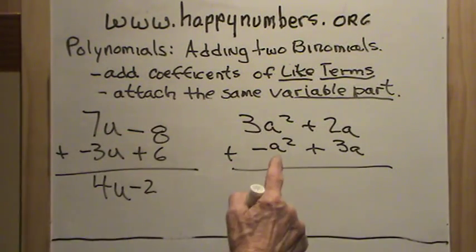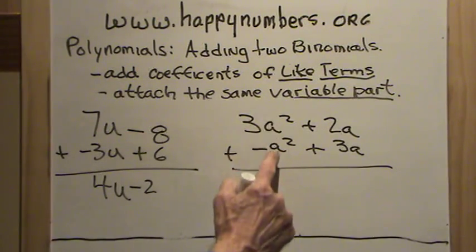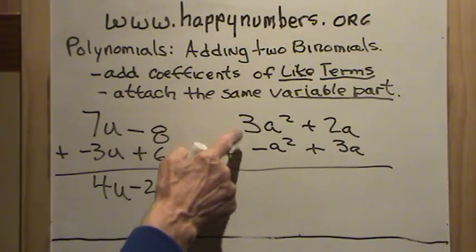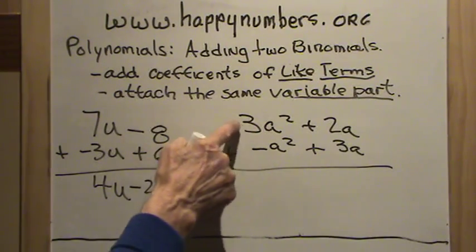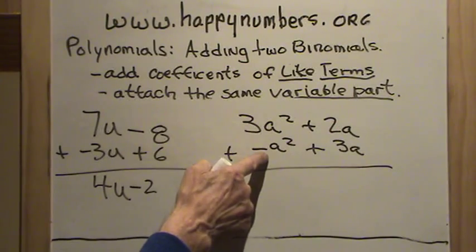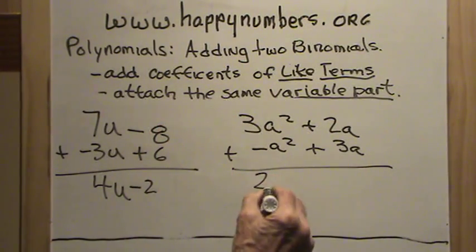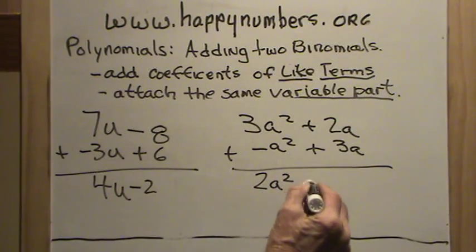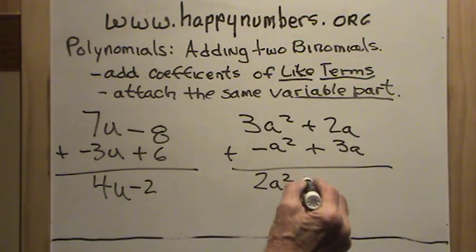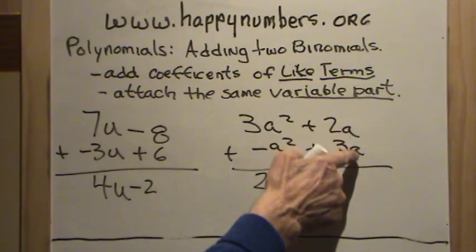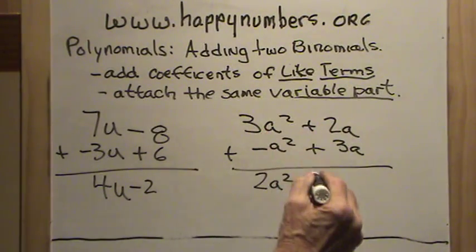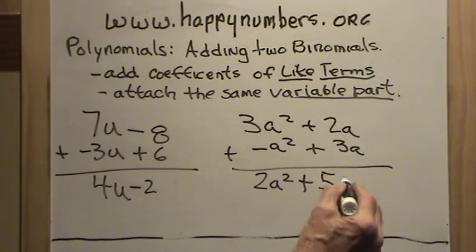And again, they're like terms because the variable parts are the same, so we combine the coefficients. Remember, this is negative 1a squared, so 3 plus a negative 1 gives me 2a squared. And these are the same, so I add 2 and 3 is 5, and I use the same variable part.